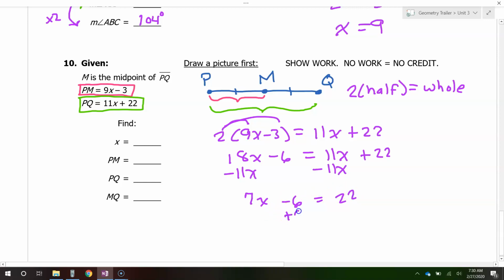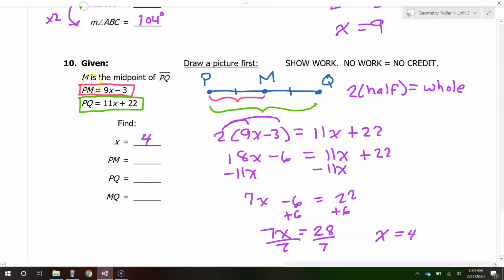And now I'm going to add 6 to both sides. So that'll give me 7x is equal to 28. And finally, we divide both sides by 7, and we see that x is equal to 4. So x is 4.